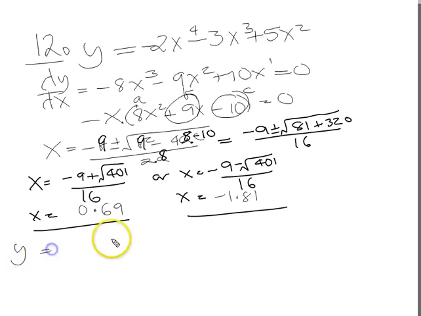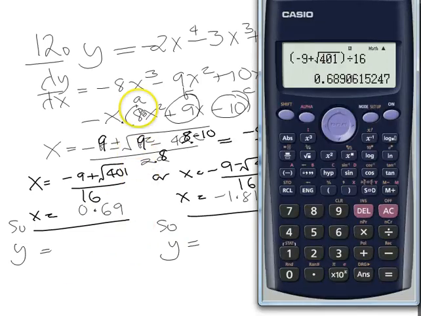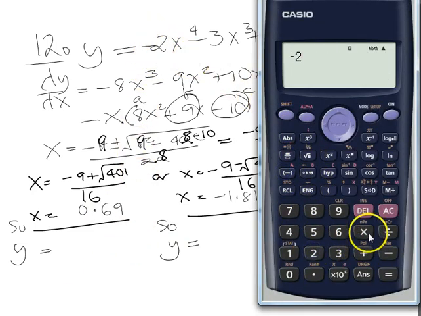So y equals. Now I'm going to use a calculator to do this, and I'm going to write it on the calculator. Alright, 0.69. Remember that. So it's minus 2 times bracket 0.69 bracket to the power 4. Agreed?